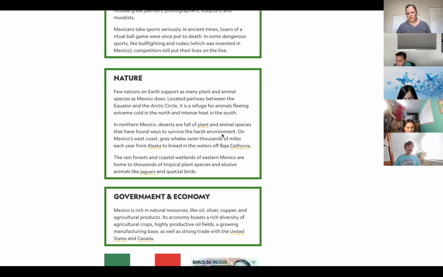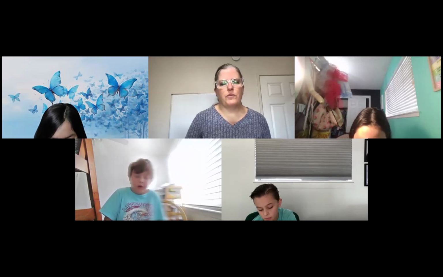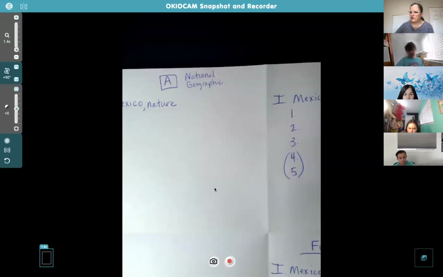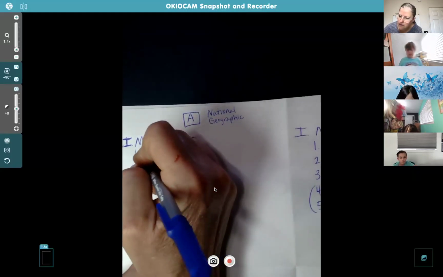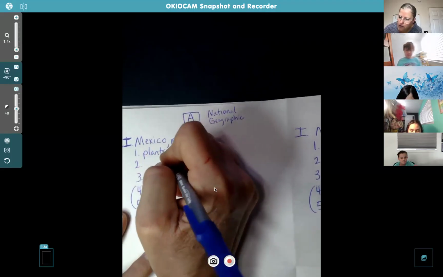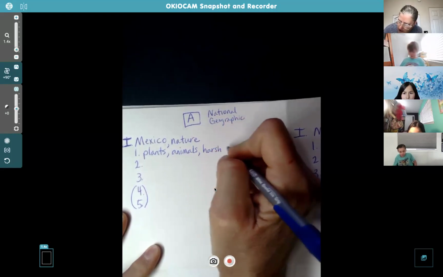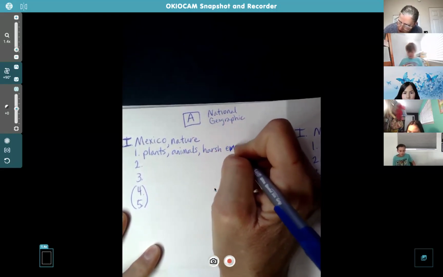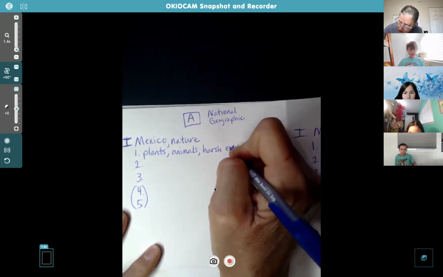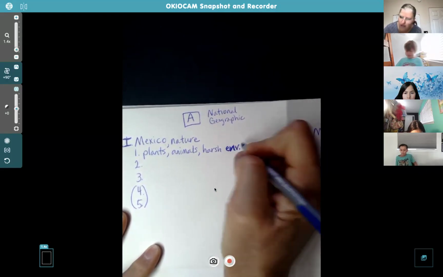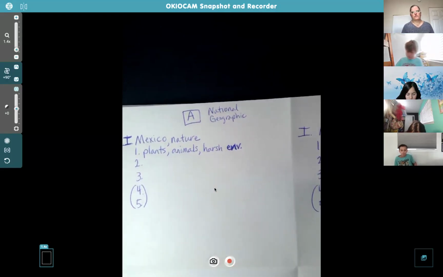So I could choose any facts on any sentence? Yeah, I'm just trying to help you come up with the first one because that first paragraph doesn't really have any good facts in it, but you could do this. And if anybody else is doing Mexico, you could do this too. Plants, animals, harsh, and then ENV could stand for environment. That would be a good first fact to write if you're writing about Mexico.